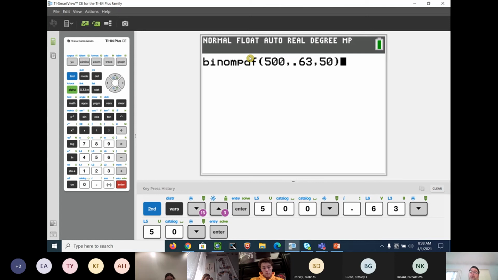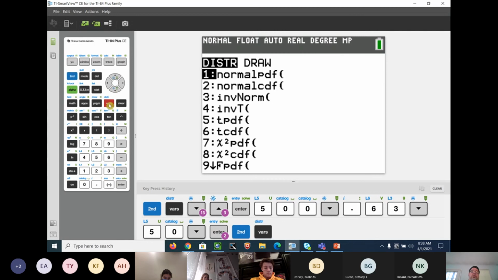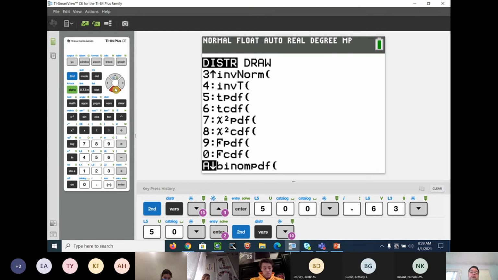And the probability for tails on those last 50 tosses are... That's not right. Did I type in something wrong? Let me do that again. Second bars. Let me do CDF and see if it does it.